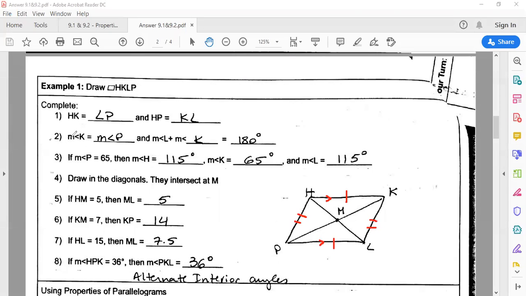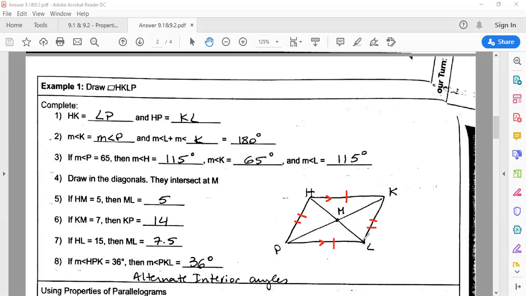Okay. So the measure of angle K is equal to the measure of what angle? Remember, opposite angles are congruent, so it's equal to the measure of angle P. And the measure of angle L plus the measure of what angle is equal to 180? So angle L, you can pick two.